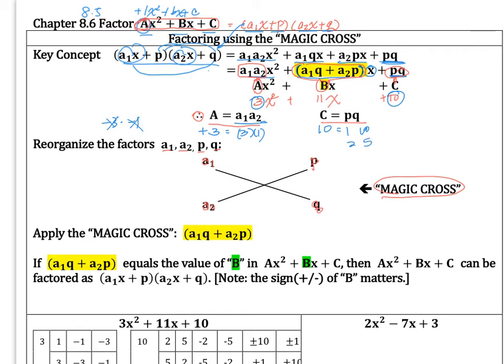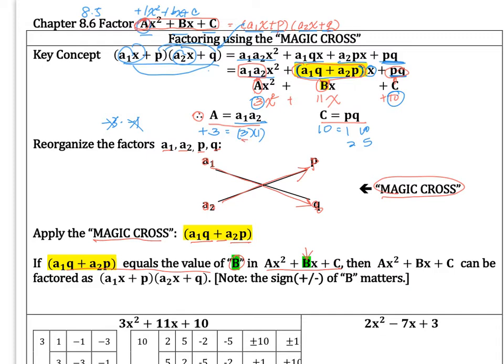Now your goal is to apply this magic cross so that when you multiply a1 times q and add a2 times p, you would get a value that will equal the b coefficient in ax squared plus bx plus c.